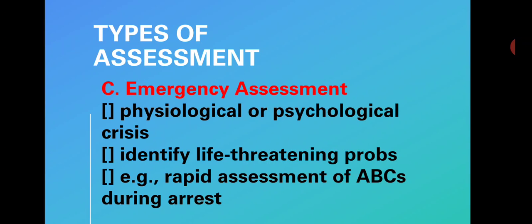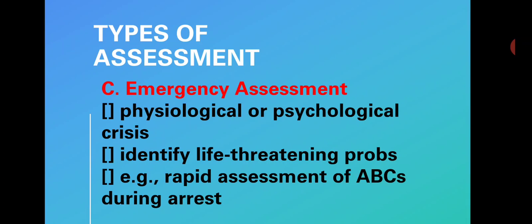If you remember your training in emergency nursing or emergency response, you make a jaw thrust. You check the mouth for any blockage. Then letter B for breathing. So you listen. You put your ear near the mouth of the client and listen for any ventilation or breathing. And then C for circulation.